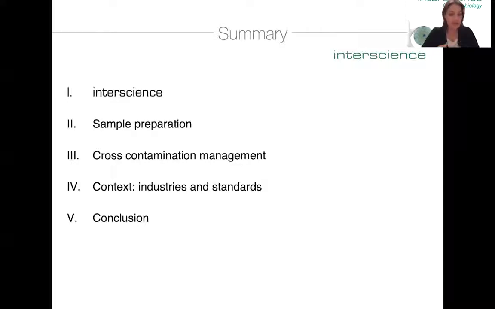And so that's a loss of money, a loss of time, and of course, a loss of confidence in your results. So we're going to look at step-by-step in this process how you can manage and reduce this cross-contamination risk. We'll look a little bit into what industries and what standards this applies to before wrapping it up.